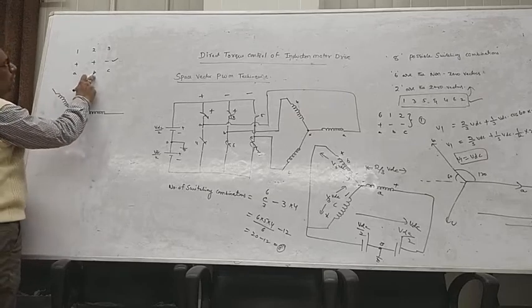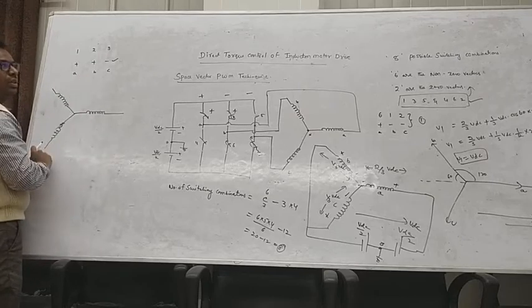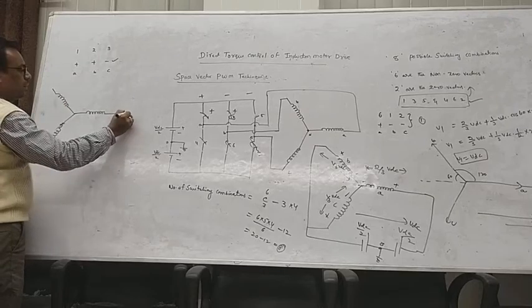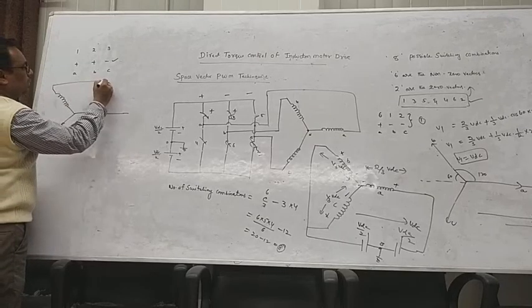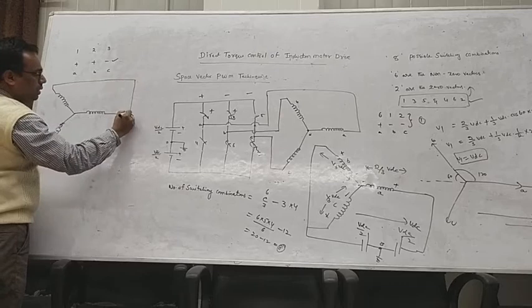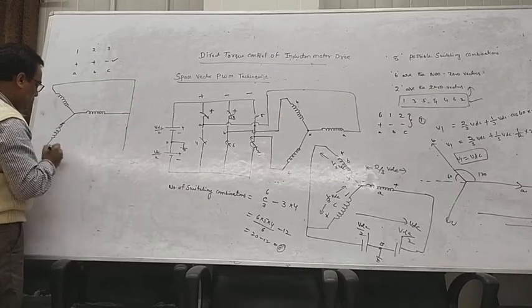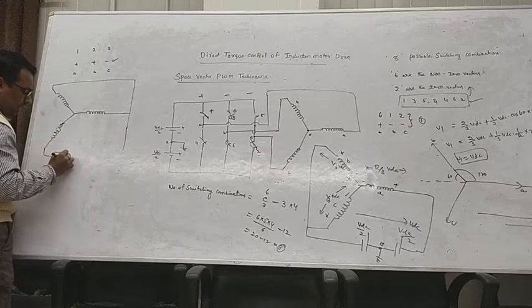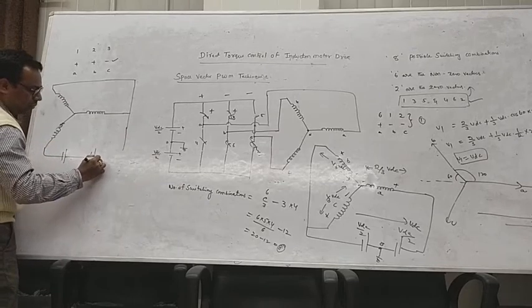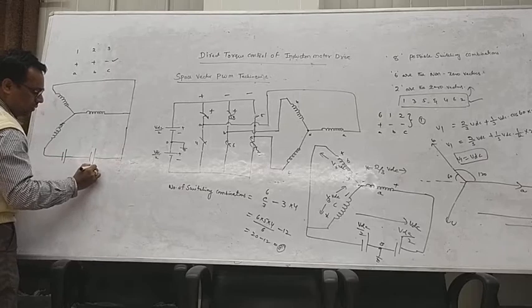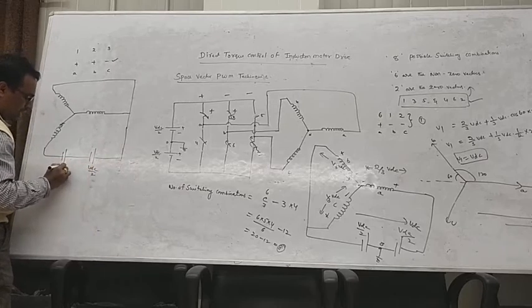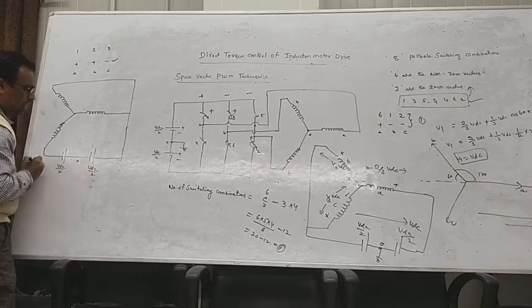Here A and B phases are the same and the third phase is different. So it means that the A phase and B phase are connected to the positive group and C phase is connected to the negative group. So this is VDC by 2, this is again VDC by 2, and this is 0 voltage.